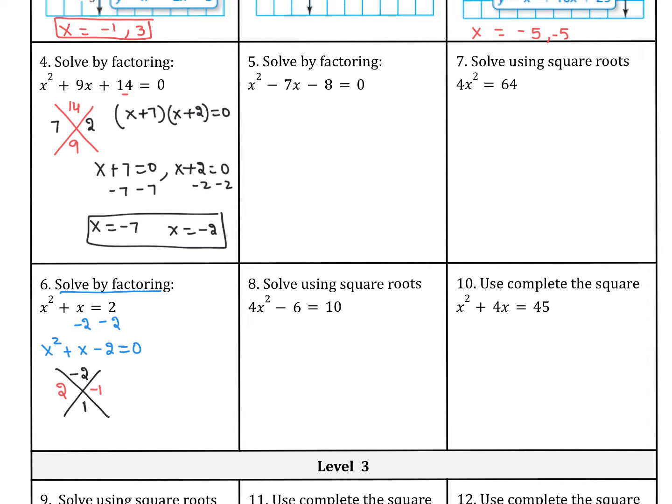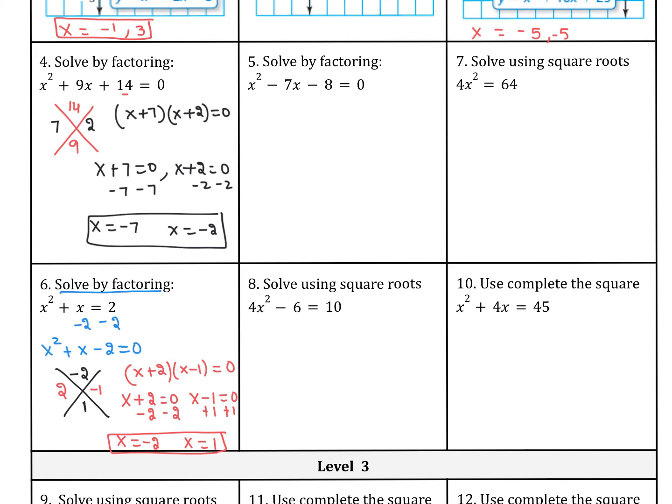The two factors for number 6 are going to be (x + 2)(x - 1) = 0. Apply the zero product property, put them equal to 0 one by one, and you get x = -2 by subtracting 2. Add 1 on both sides, you get x = 1.